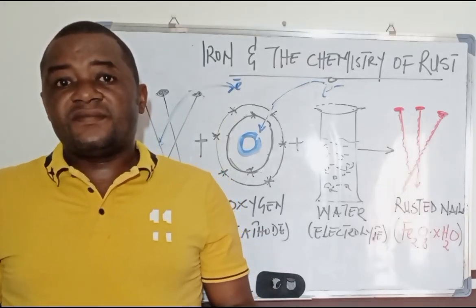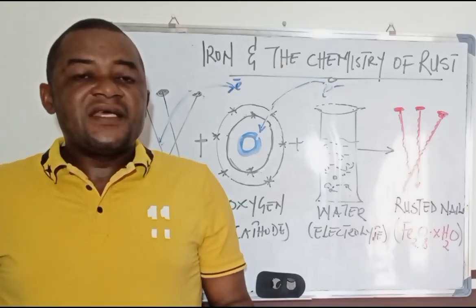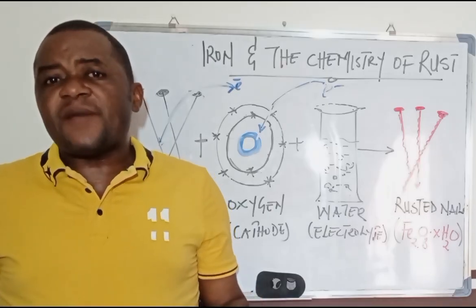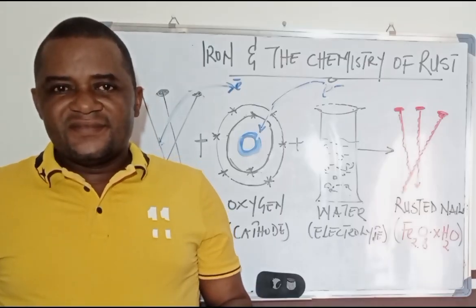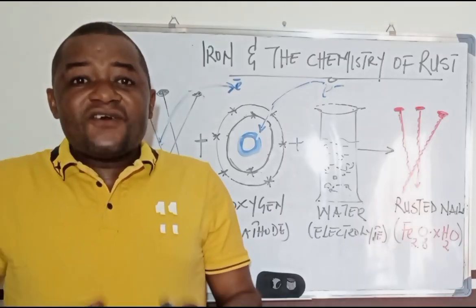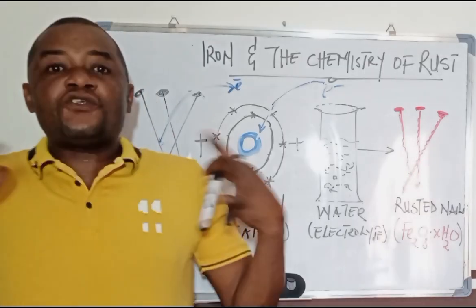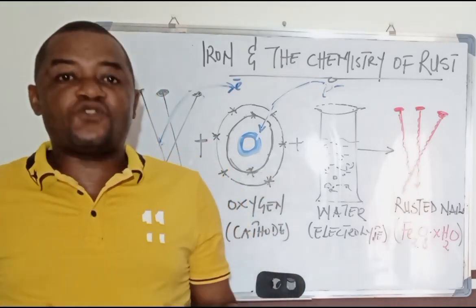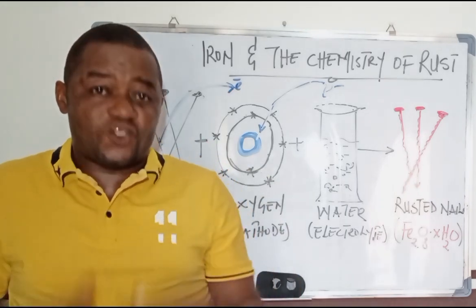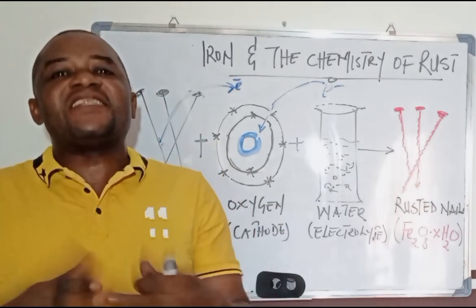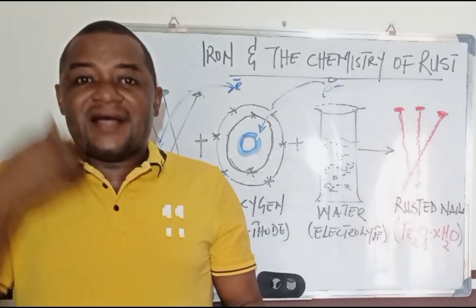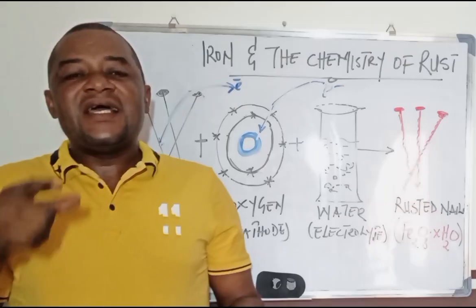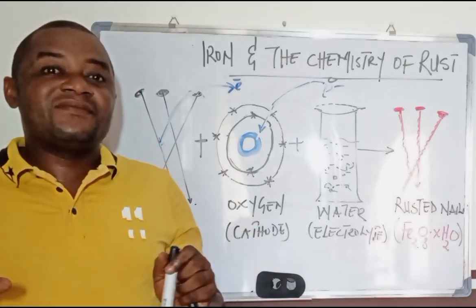Why does iron rust? Because originally iron in its thermodynamically stable state is rust. So if iron is to be as it's supposed to be, naturally and thermodynamically stable, then iron should be existing in a rust form. You and I are the ones who want iron as a metal to be clean.